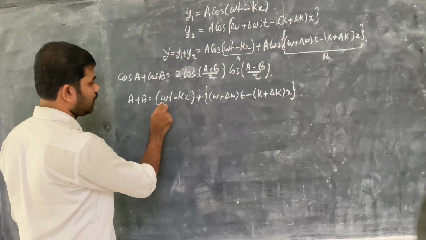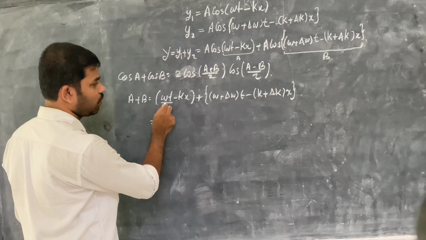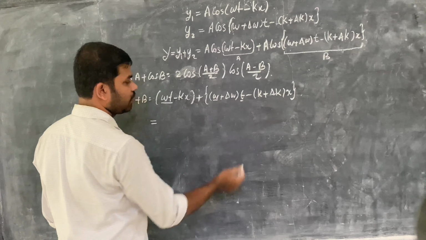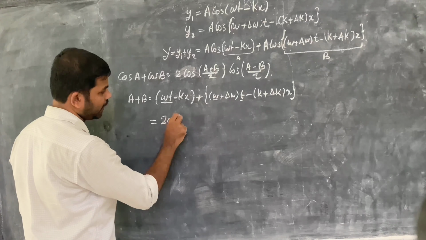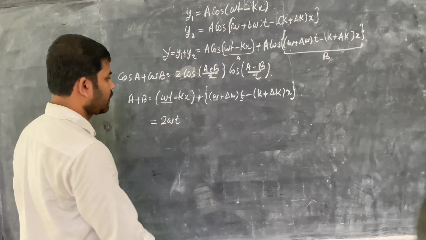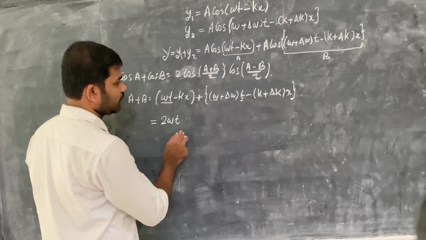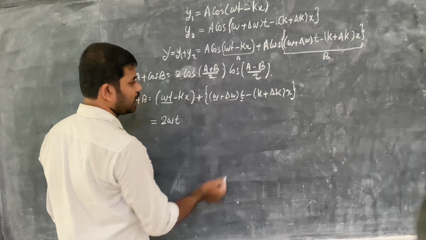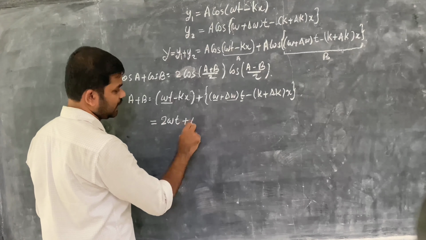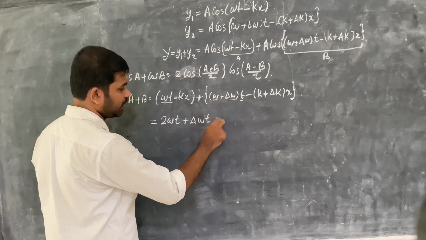We can club all the ωt terms: ωt plus ωt is 2ωt. Then we have Δω t.